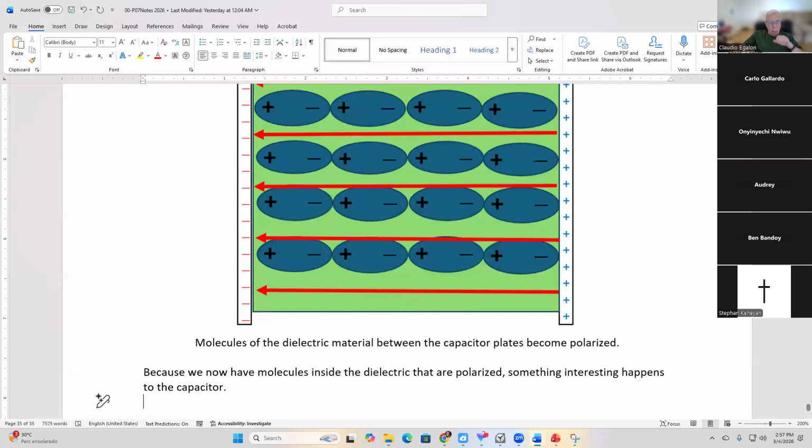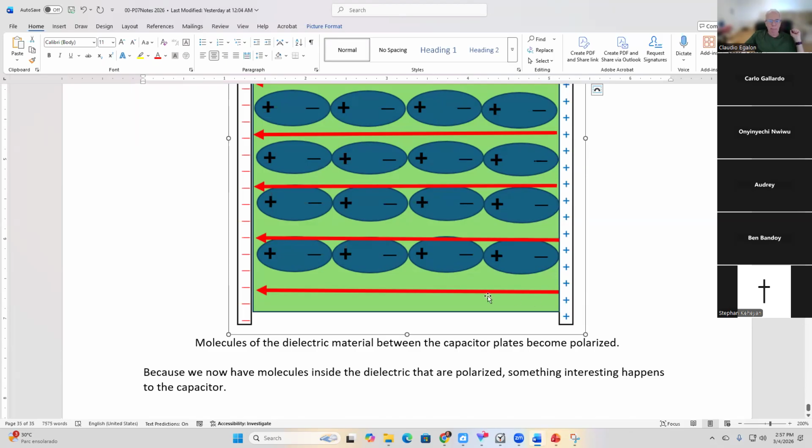Notice that we have a distribution of charge on the capacitor, positive and negative, but we also have a distribution of charges within the molecule. The positive side of the molecule is facing the negative plate of the capacitor, and the negative side of the molecule is facing the positive plate of the capacitor.